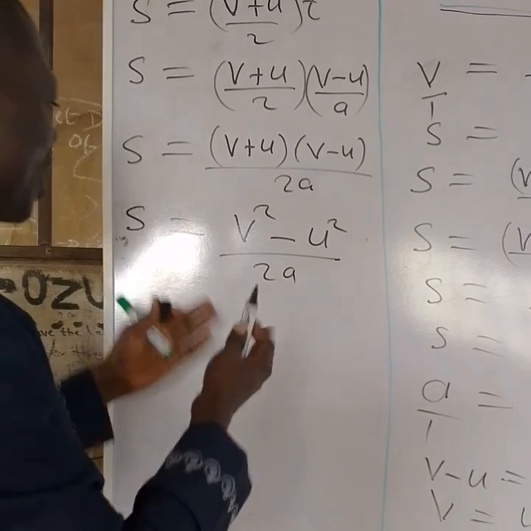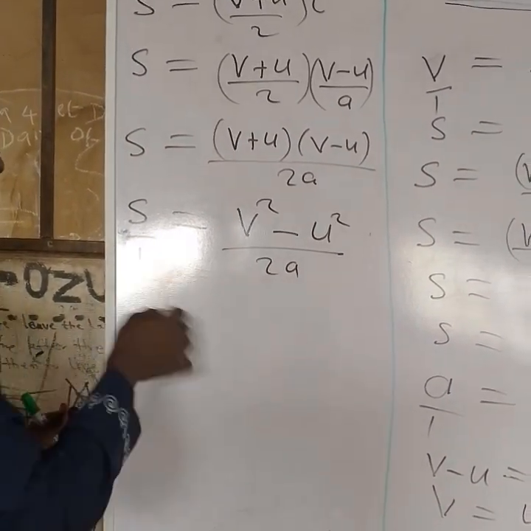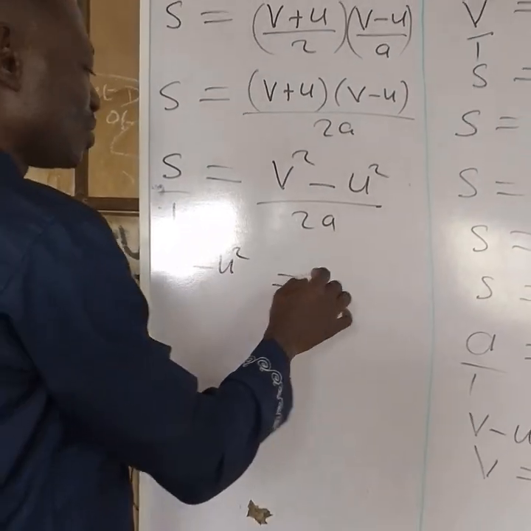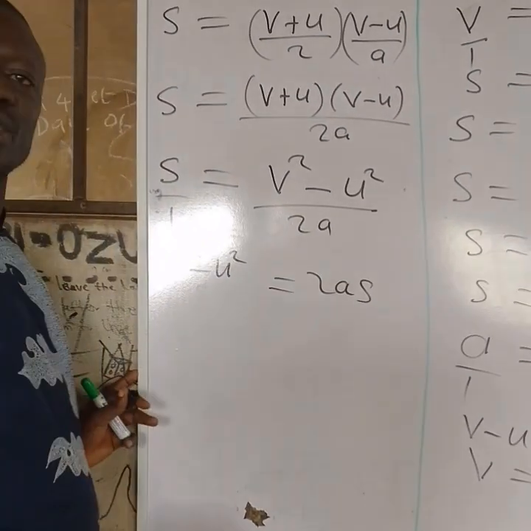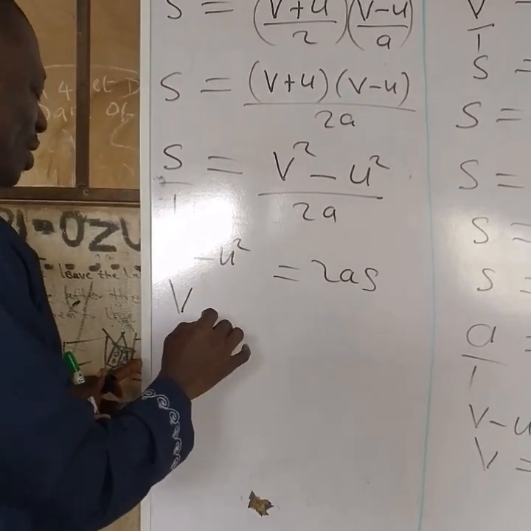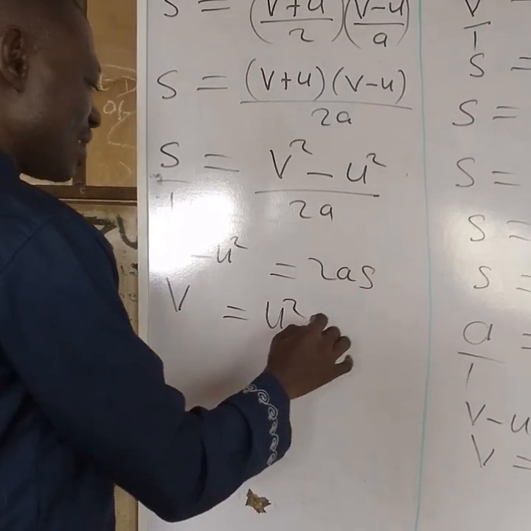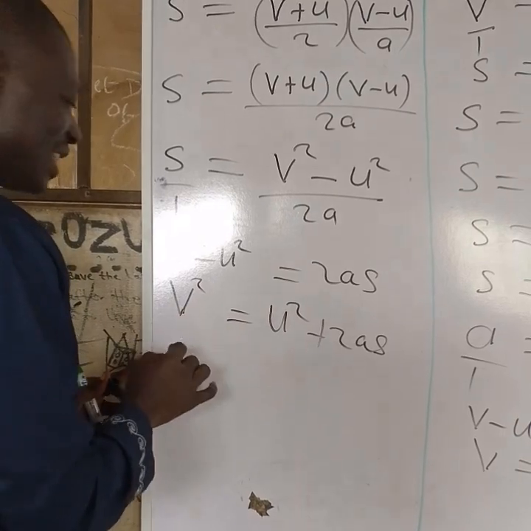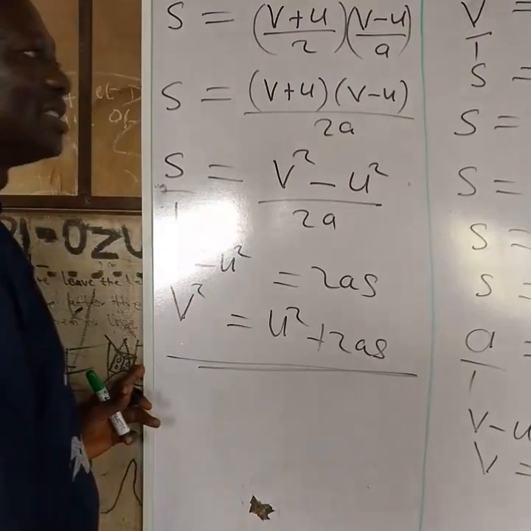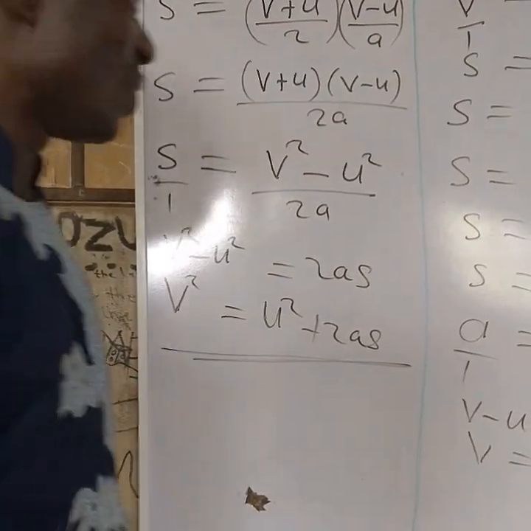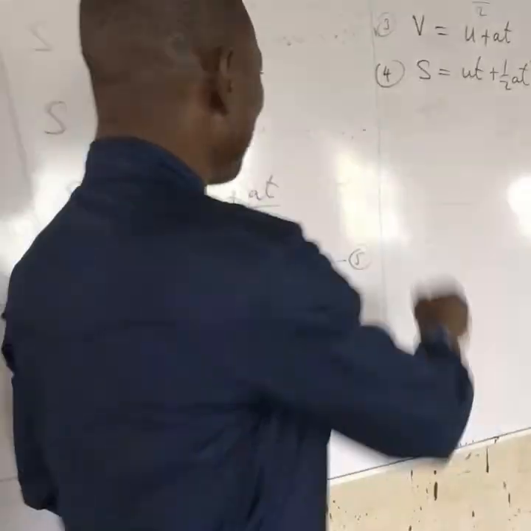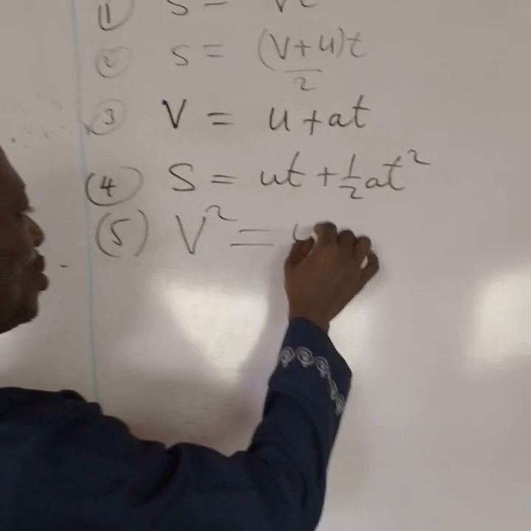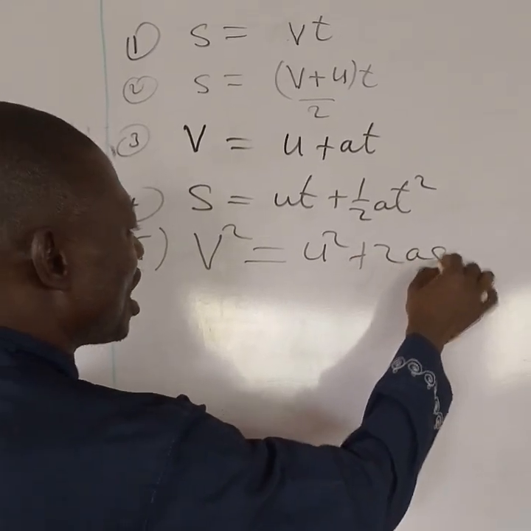And so if we cross multiply, here we have over 1 and get V squared minus U squared is equal to 2AS. So that V squared is equal to U squared plus 2AS. That will give us another formula, so we can see that another formula can be written as V squared is equal to U squared plus 2AS.